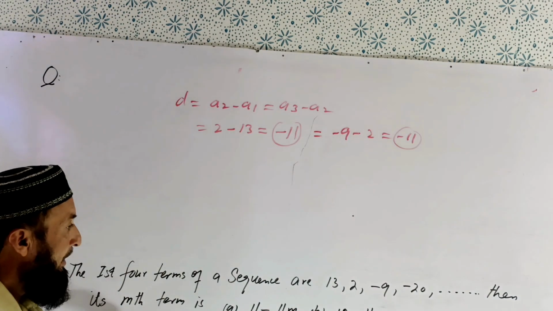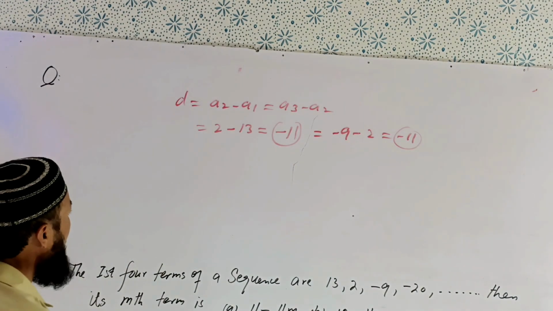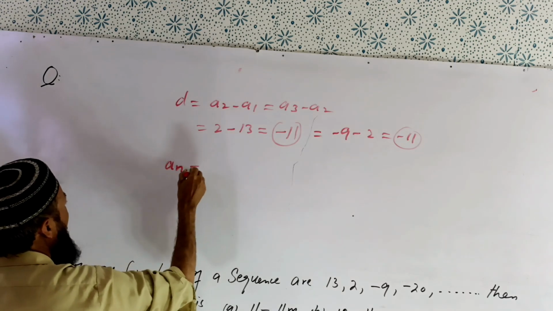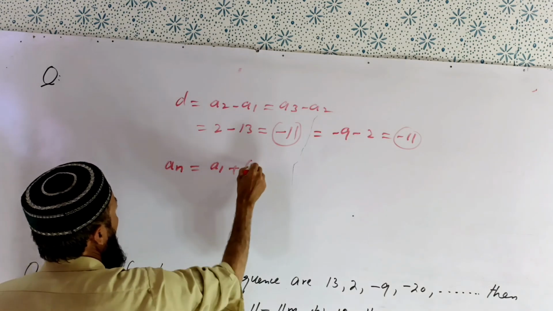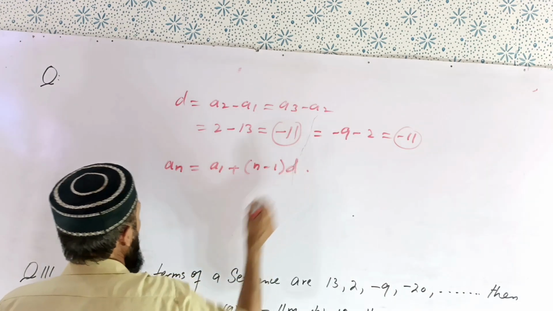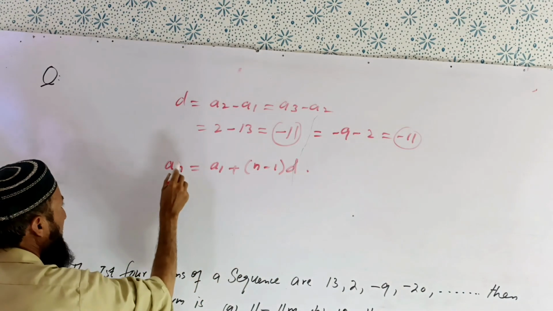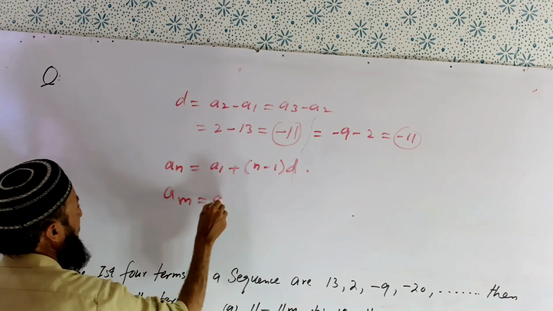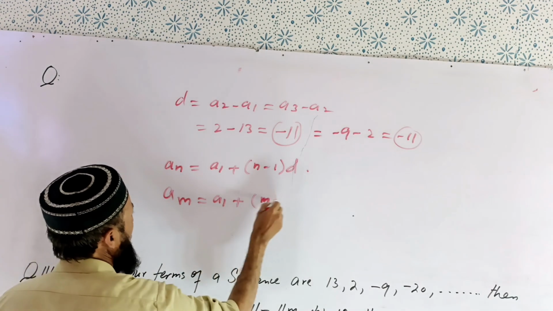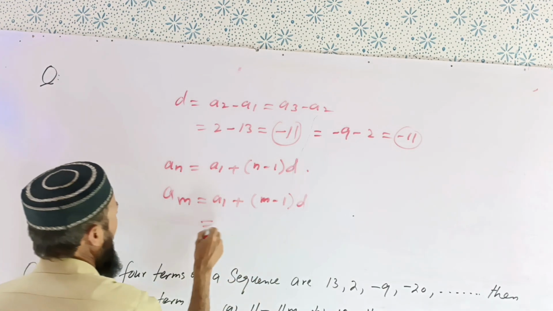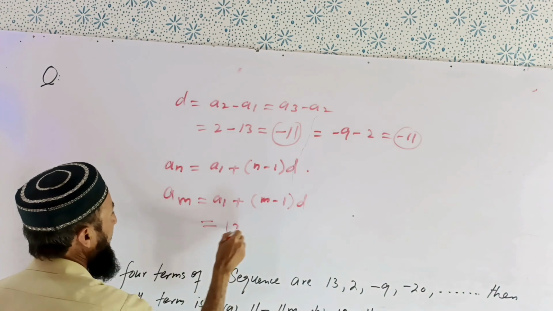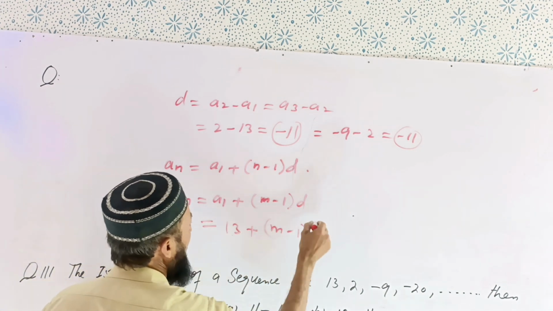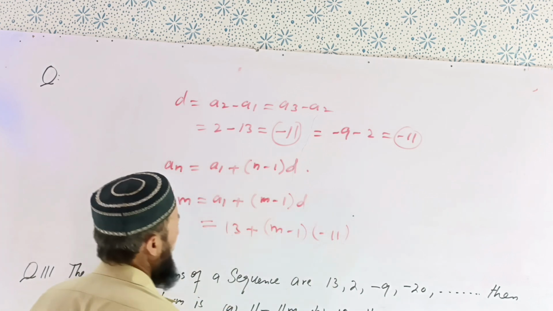So now we are finding the nth term. What is the value of the nth term? We know that the nth term is a1 plus (n minus 1) d. In place of n we put m: a1 plus (m minus 1) d. Here a1 is 13, plus (m minus 1) times d, which we already found to be minus 11.